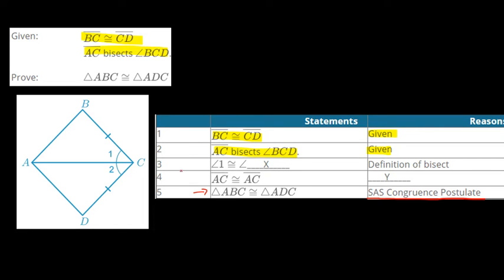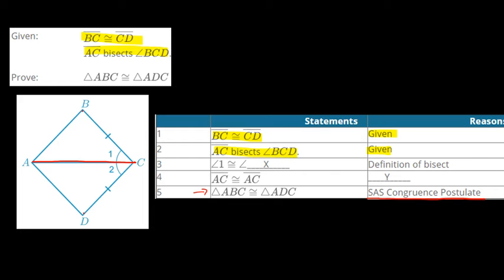So I know that's my aim, and I'm just thinking about how to get there. Now, on line 3, they claim that angle 1 is congruent to something based on the definition of bisect. And if we take a look, we were told that AC is a bisector for BCD. Think about the definition of bisect. What does it mean?